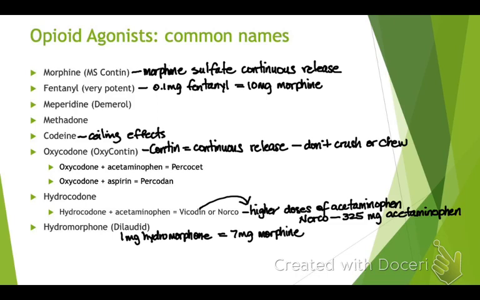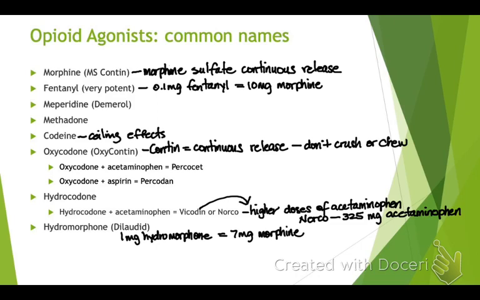And then you have hydromorphone, which is known as Dilaudid. And this again is potent as well. 1 milligram of hydromorphone is equal to 7 milligrams of morphine. So yes, not quite as potent as your fentanyl, but still more potent than your normal morphine sulfate medication.